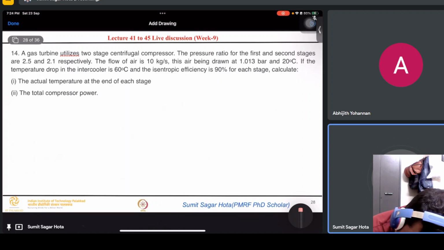If the temperature drop in the intercooler is 60 degrees Celsius and the isentropic efficiency is 90% for each stage, calculate the actual temperature at the end of each stage and the total compressor power. Okay, this is the question.